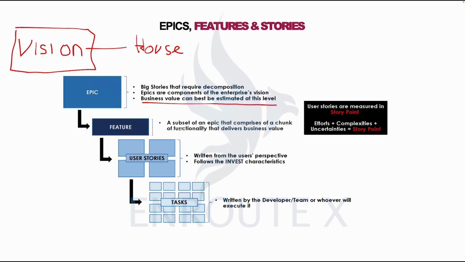Then a feature is a subset of an epic that comprises a chunk of functionality. It is that functionality that determines the feature that delivers business value, right? The functionality that would determine business value.